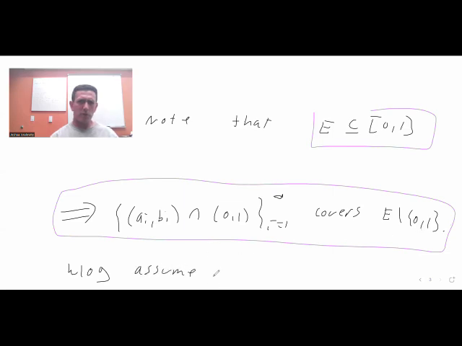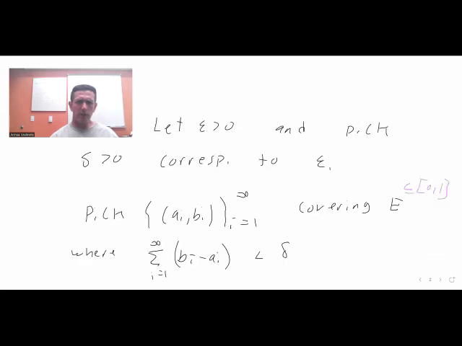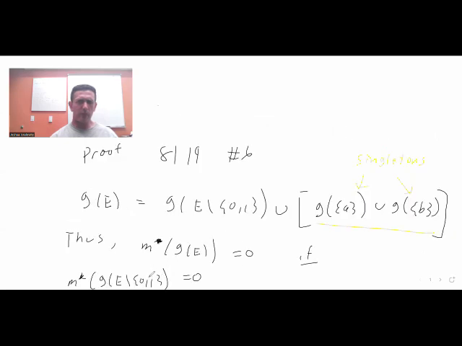So let's assume that this is not empty. Because if this is empty, then G of the empty set is empty, so this is true. This is what we need to prove. So if E take away 0 and 1, that set containing two elements, is empty, then G of it is empty, so it has outer measure 0.